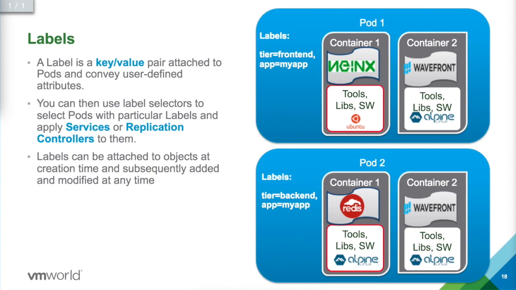Because pod 1 contains this label, it will become an endpoint of the service frontend. Same mechanism applies if we create a Kubernetes service object called backend with label selector tier equal backend. In this case, pod 2 will match the selection.